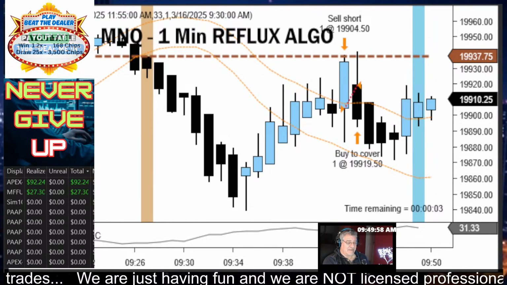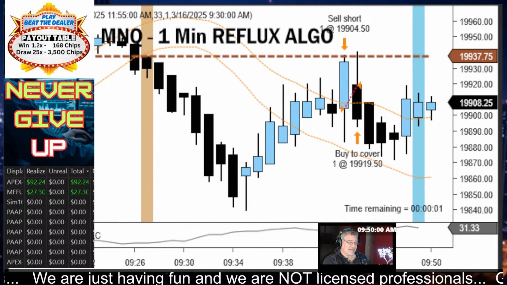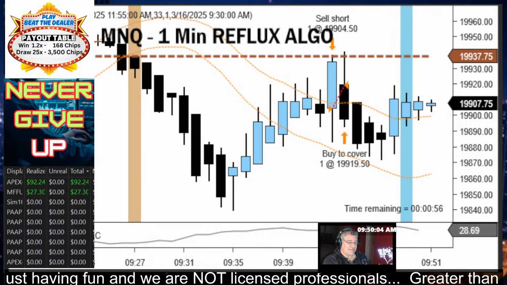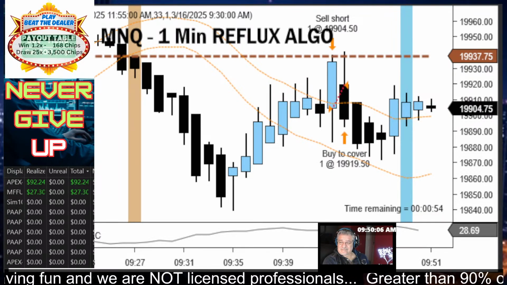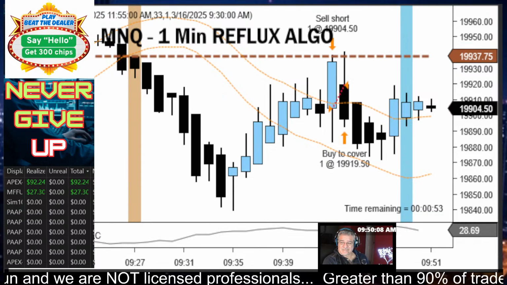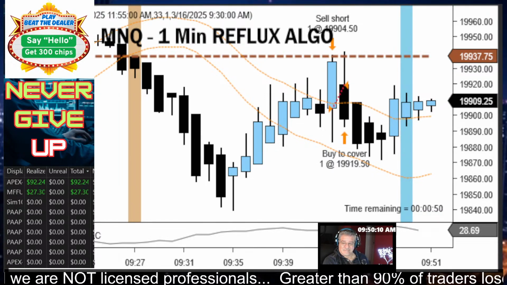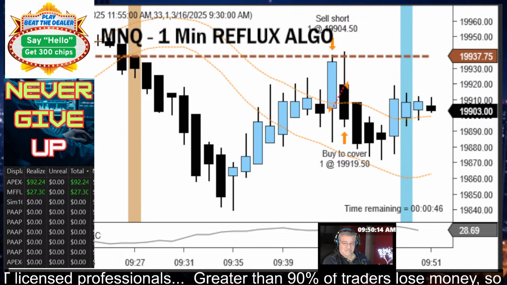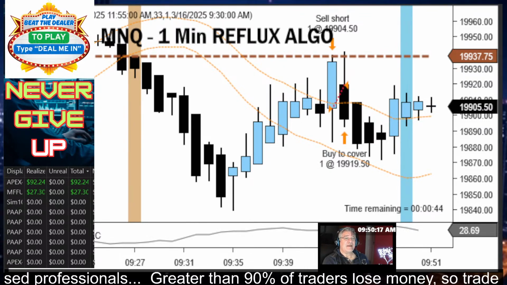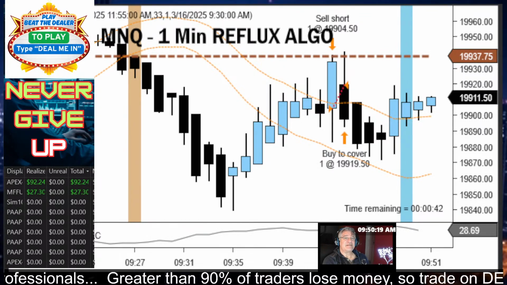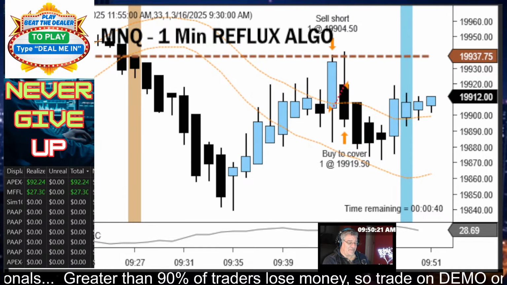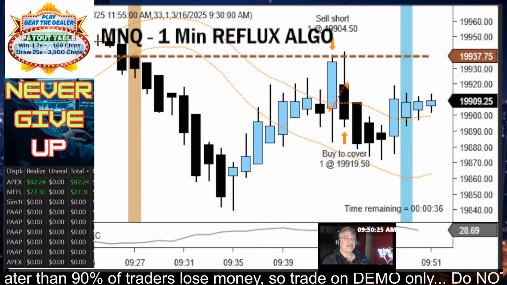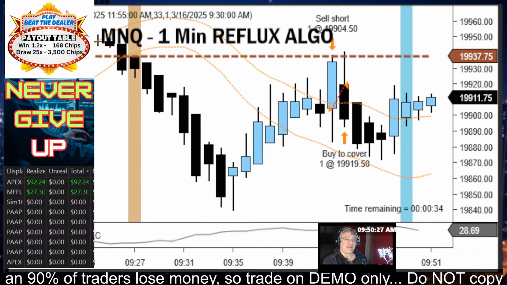$10. Are we going to get some momentum to inside bars? Are we going to get momentum to get above the VWAP? Trigger me in. Are we going to get enough momentum for that? Or are we going to get slapped back down again?